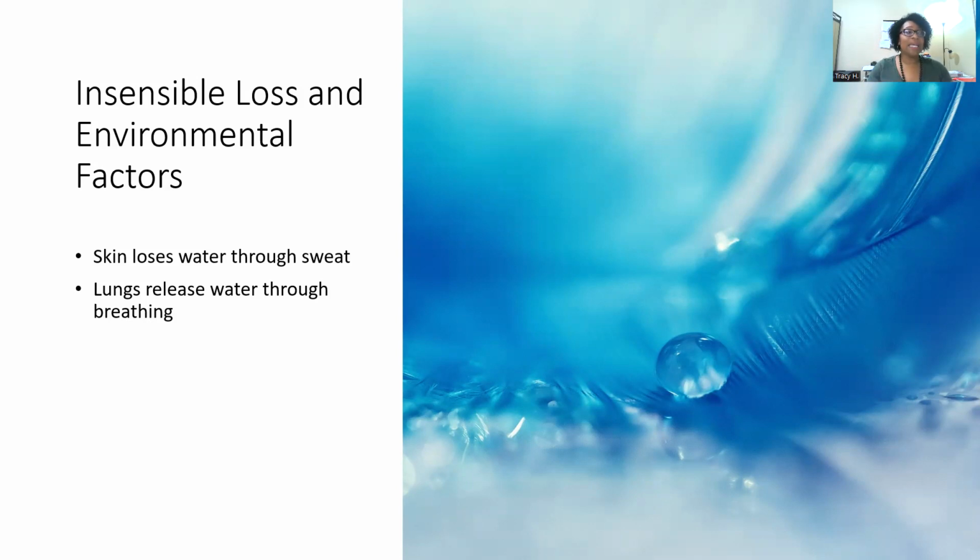Our skin and lungs play a role in this loss of water. The skin loses water with sweat, so perspiration. If it's really hot outside, how much our body sweats equals how much water or fluid we're losing.